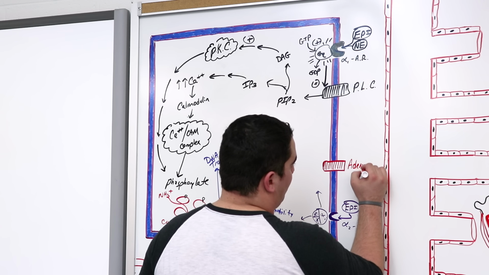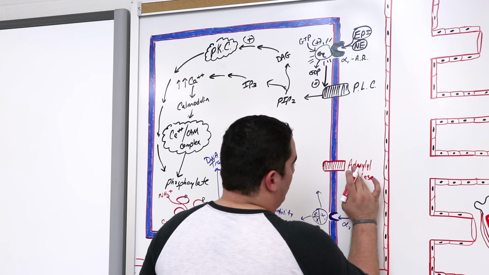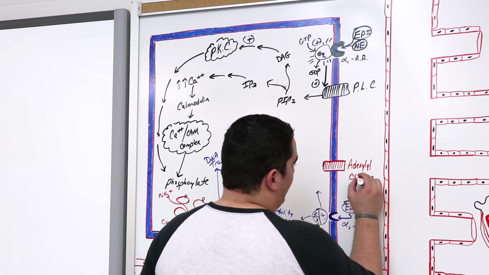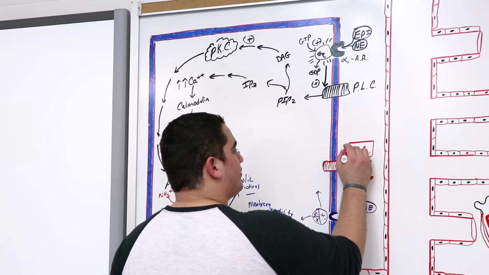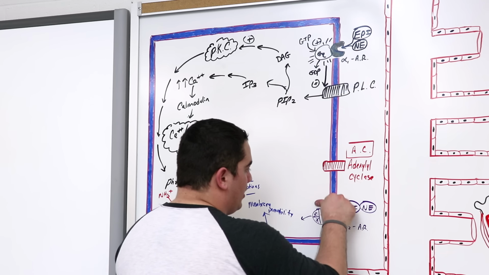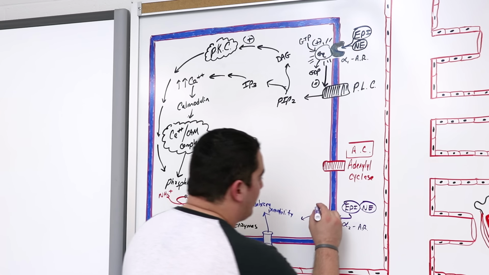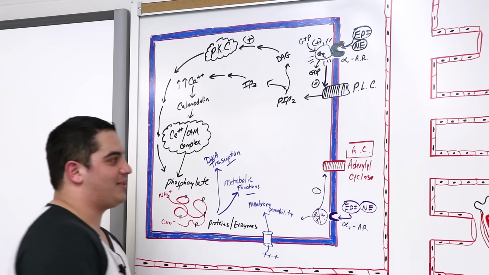Adenylyl cyclase. You might see in other videos I've usually been lazy and just denoted as AC, right? All right, but anyway, this alpha inhibitory subunit is going to come over here. And what it's going to do is it's going to inhibit the adenylyl cyclase.